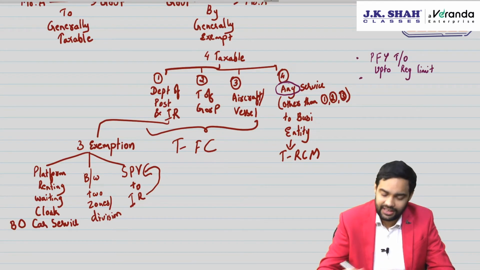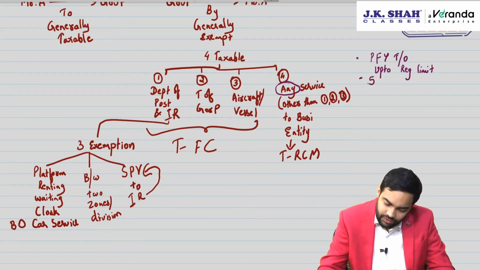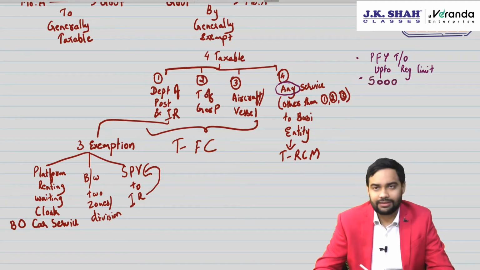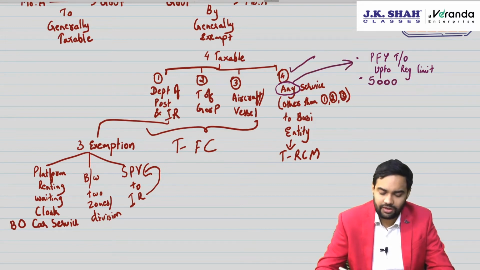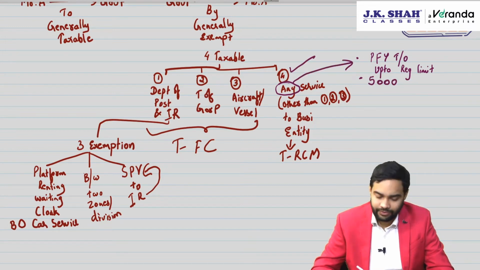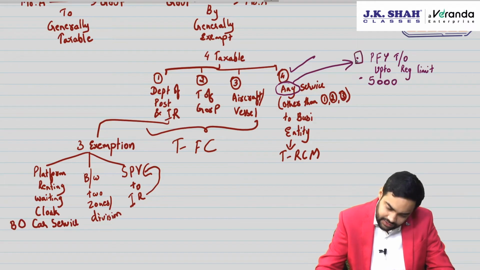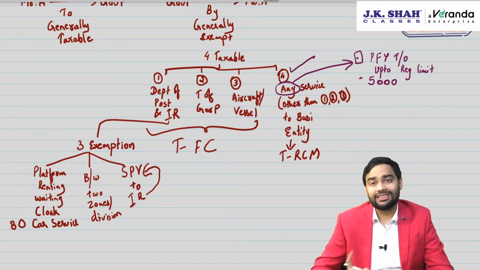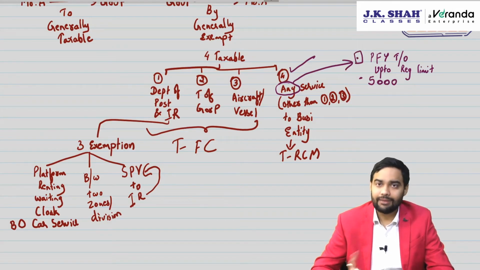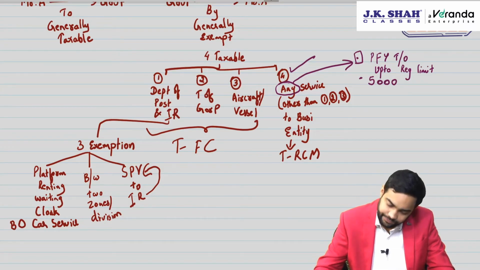Then it will enjoy an exemption. Up to 5,000 rupees, exempt. But these two are applicable only for fourth word and not for 1, 2, 3. Plus, this first one is not available for renting of immobile property, because renting of immobile property by government to registered person is taxable under RCM, to unregistered person is taxable under forward charge.